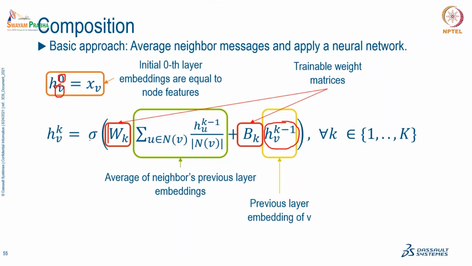Sigma is the non-linear activation function; this can be ReLU, sigmoid, tanh, etc. And this is the output embedding for that particular layer. The layers can be multiple, 1, 2, 3, whatever it is, and that is the embedding of that particular node in the embedding space.